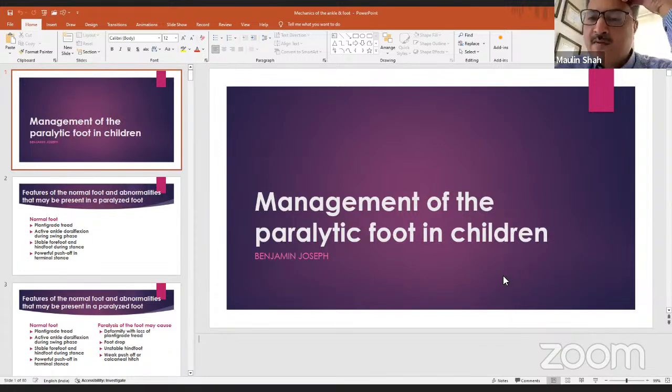Dhiren Bhai, do you want to share? Yes, that's a different situation. You're talking of cerebral palsy. I'm talking of lower motor neuron paralysis. Remember, in that paralytic situation, most of what we talk about in tendon transfers relates to lower motor neuron lesions, and the assessment of manual muscle power testing is applicable to lower motor neuron lesions.